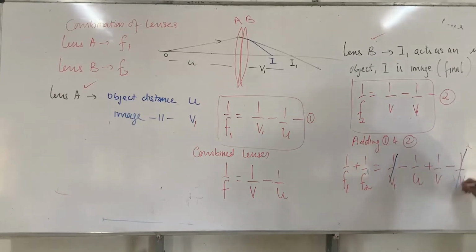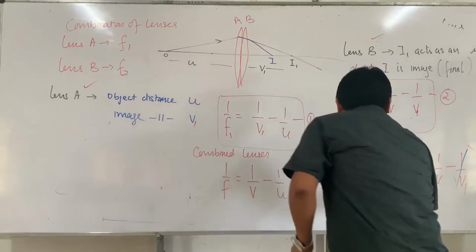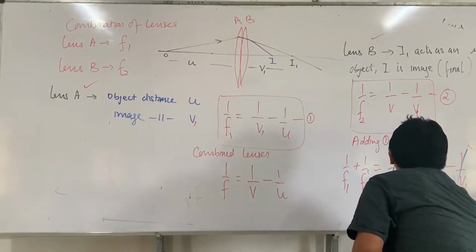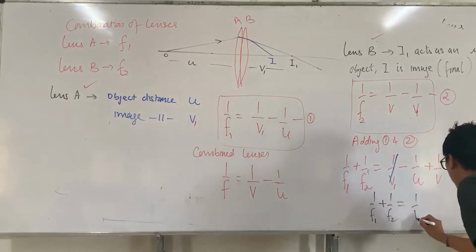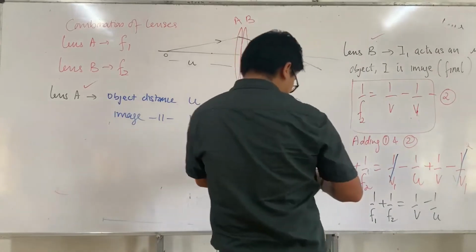Then these two cancel out. Finally, what we get is 1 by F1 plus 1 by F2 equal to 1 by V minus 1 by U, and this is the final equation.